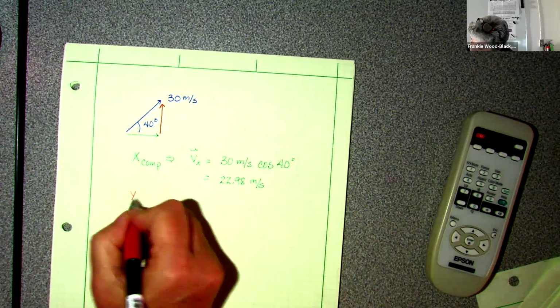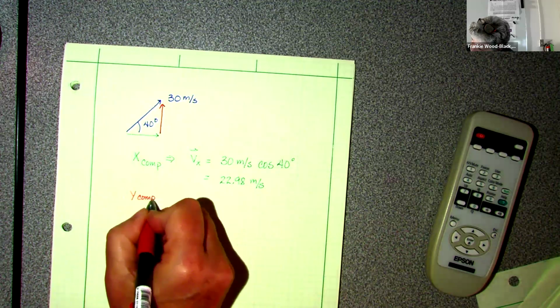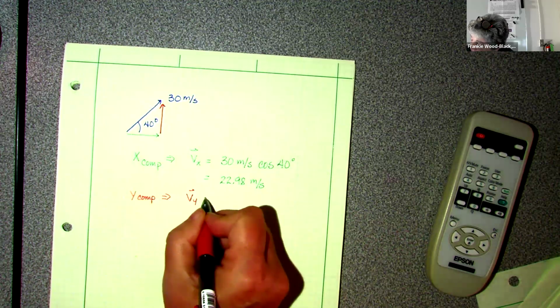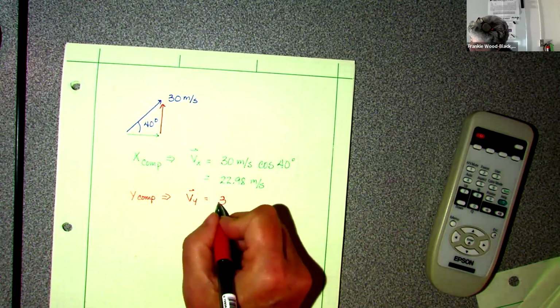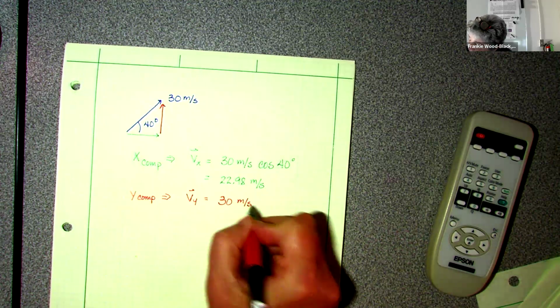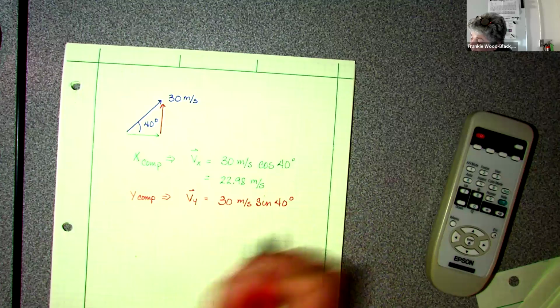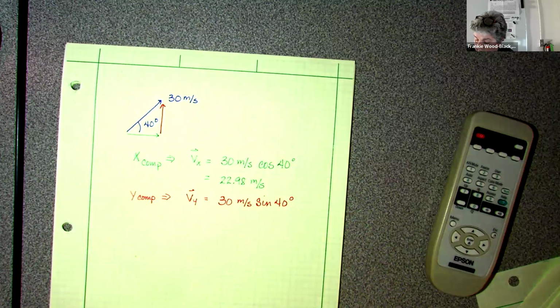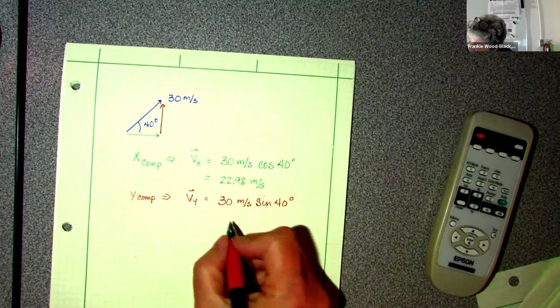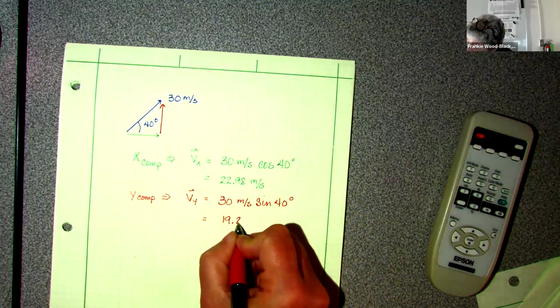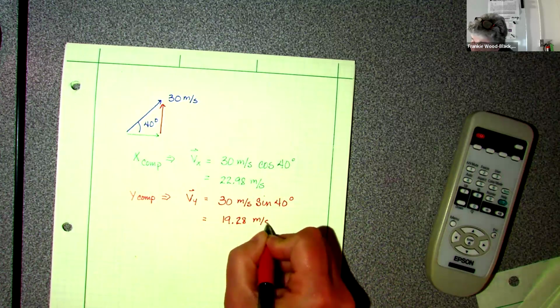My y component, which is going to give me my initial velocity in the y direction, is going to be 30 meters per second sine of the angle, and I'm going to have it be 19.28 meters per second.